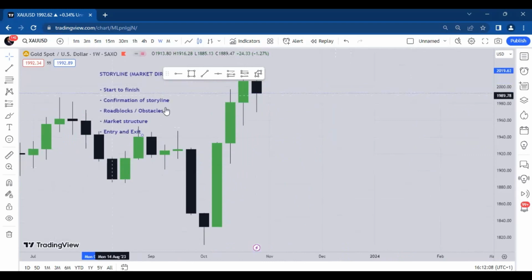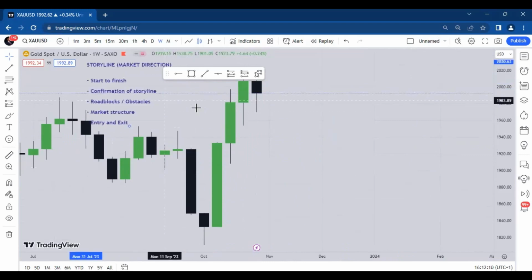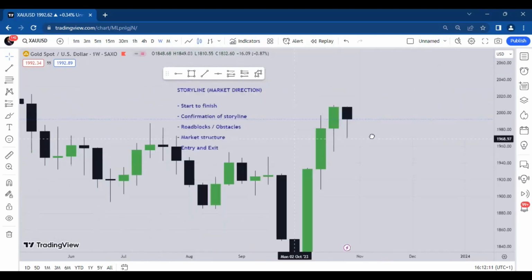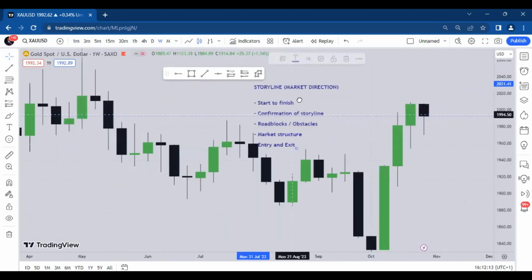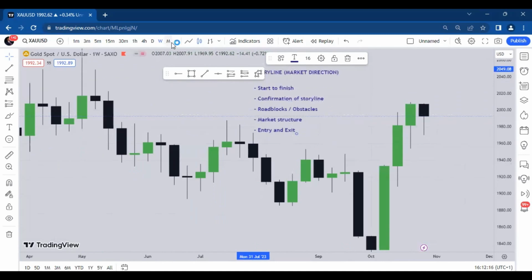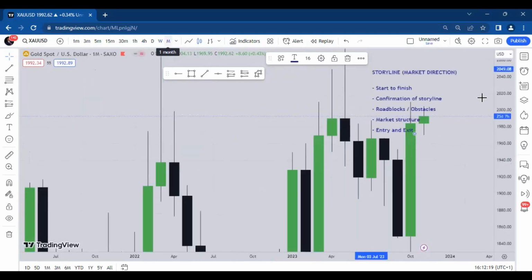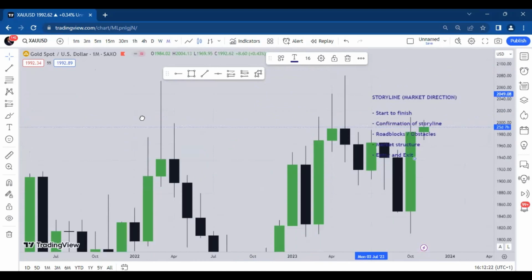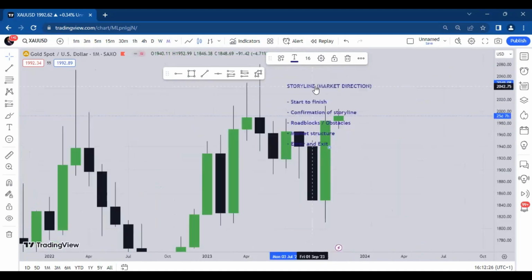Now, let me move this here so that we can be seeing it. Like I said yesterday when we started, there is nothing random in the market. Everything in the market is precise. And the Forex market is controlled by an algorithm that has already been built by the market makers.